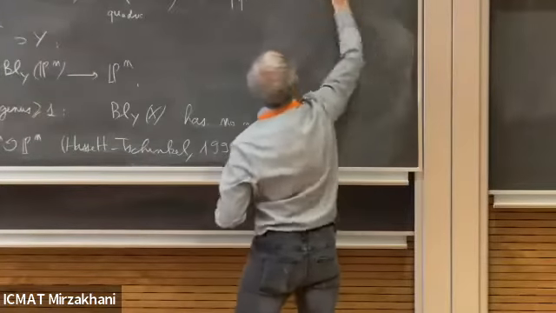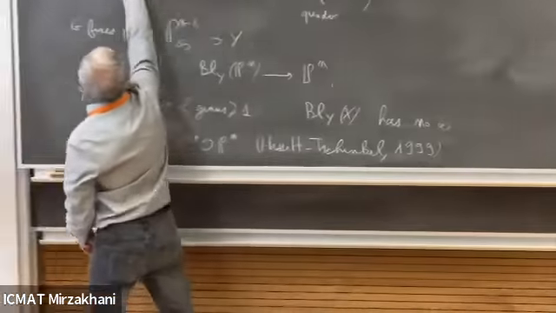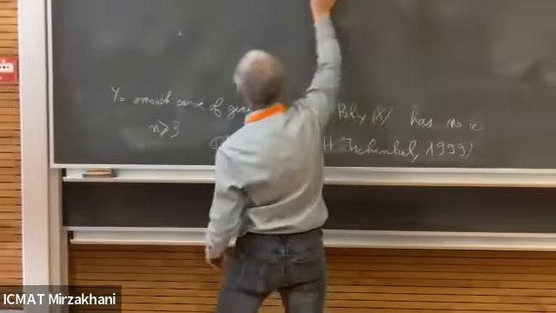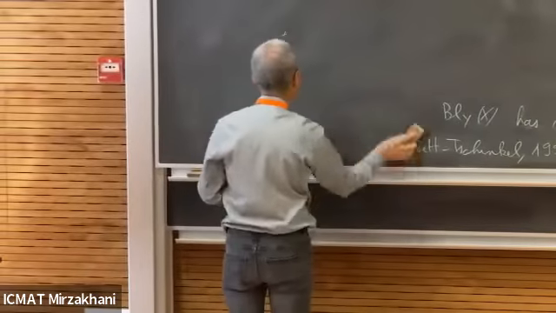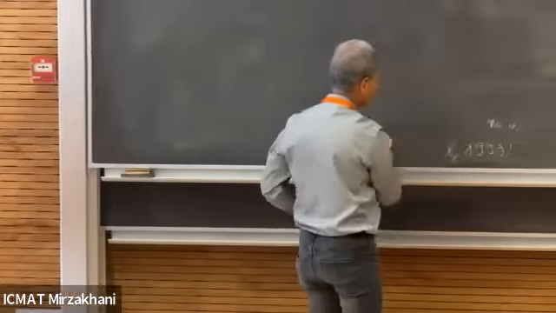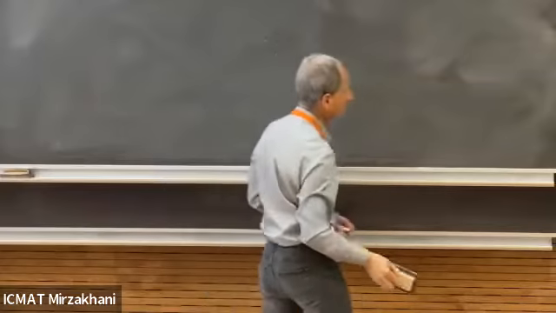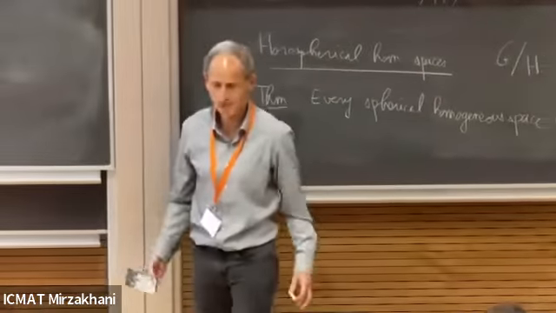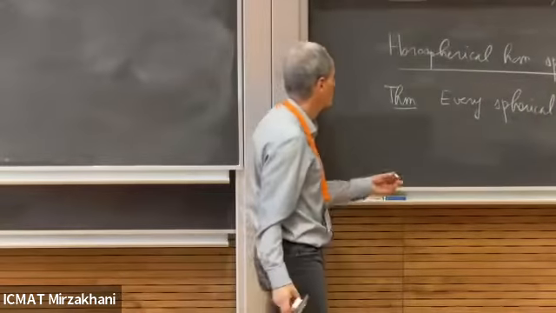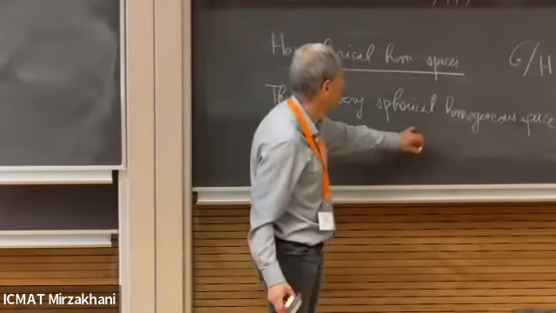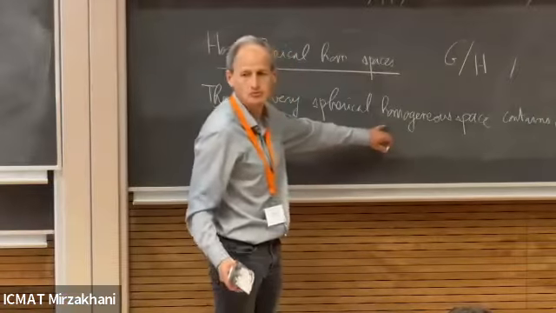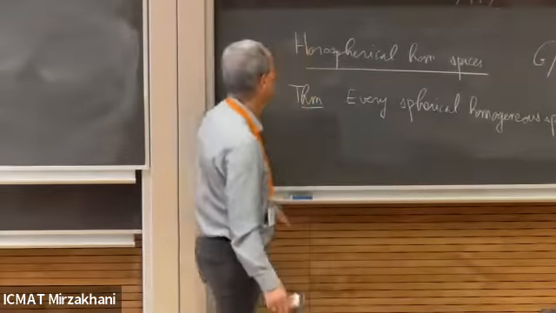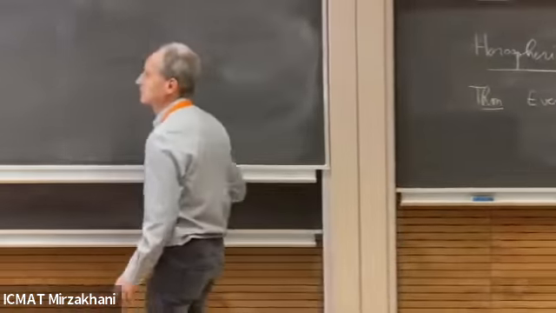So now I would like to show that this extends to spherical varieties, not only spherical homogeneous spaces. And then there is a small thing to do, just to show that every spherical variety has only finitely many B orbits.